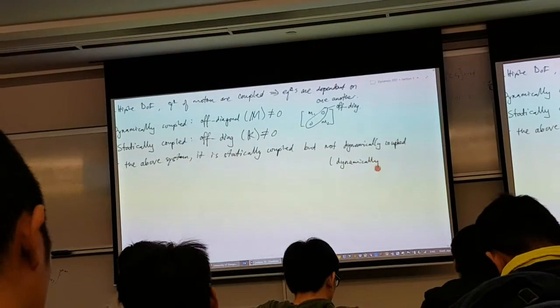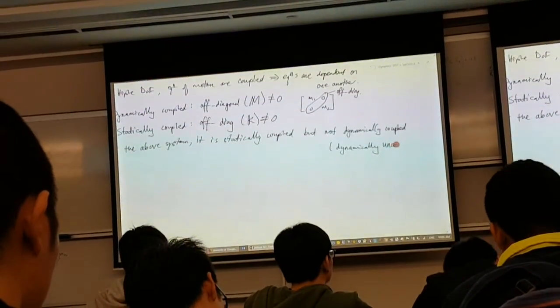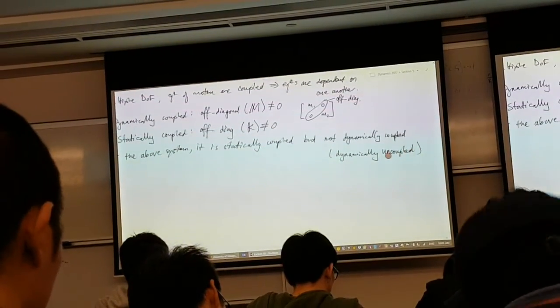But if you look at your M matrix or mass matrix, they are not dynamically coupled. So sometimes we just say dynamically uncoupled. Yeah.